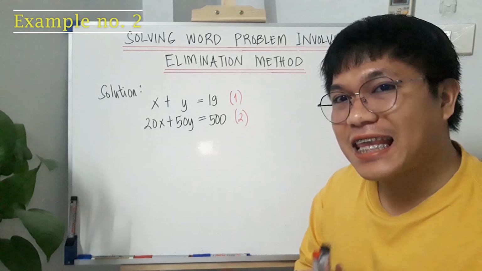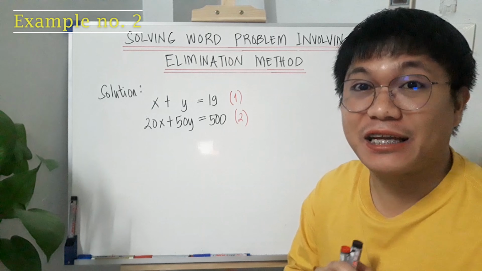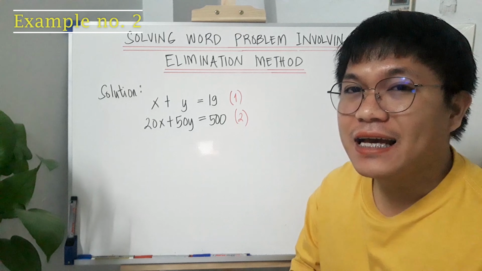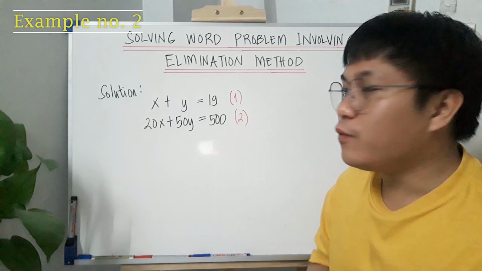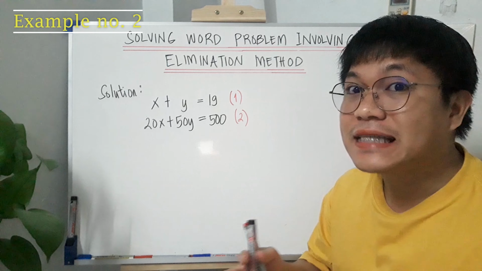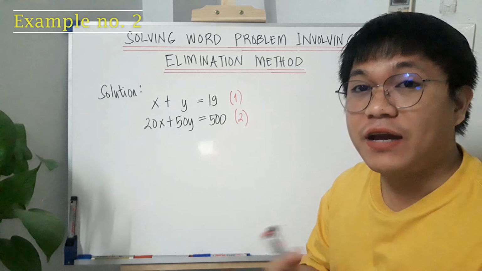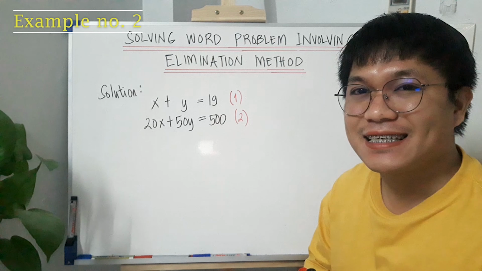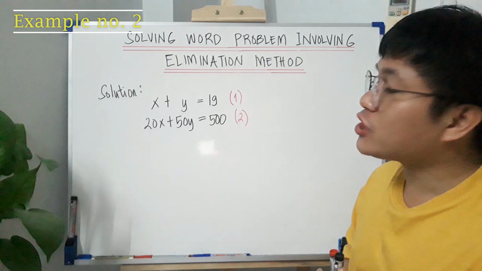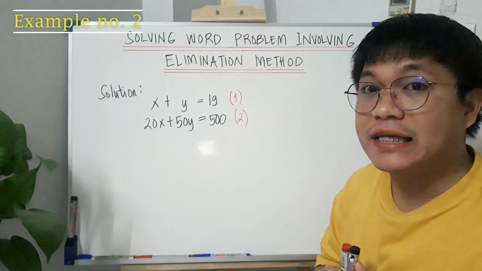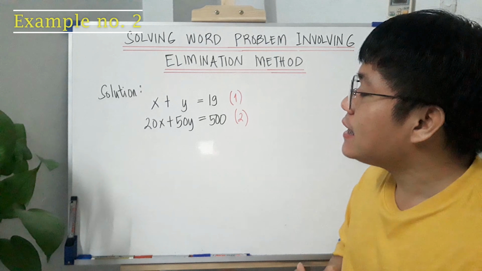Now, the very first thing to do is to decide what particular variable we are going to eliminate. In the given linear equations, there are two variables, which are x and y. So we have to decide which among the two variables we are going to eliminate. In my case, I want to eliminate x. So we have to check next the coefficients of both equations.